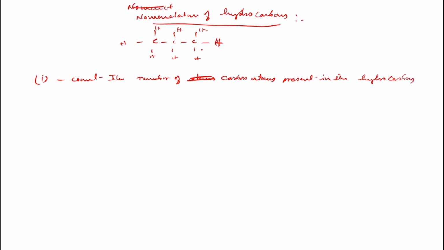Okay. Now this is the example you take. See 1, 2, total 3 carbons are there. That is the meaning.